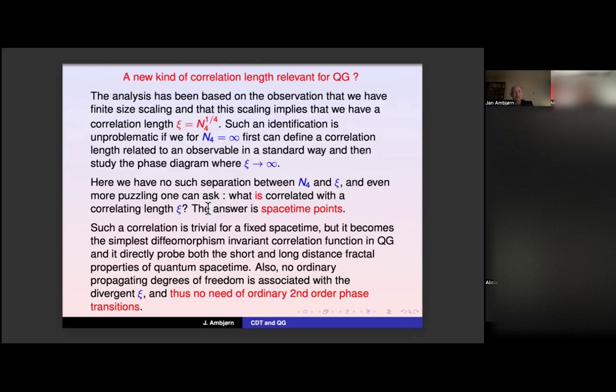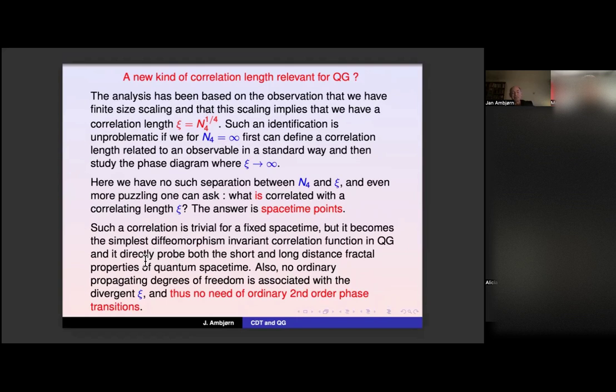But even more puzzling, you can ask, what is correlated with this correlation length? And the answer here is space-time points. I think this is an important point which should be emphasized. A correlation between space-time points is of course trivial for a fixed space-time.